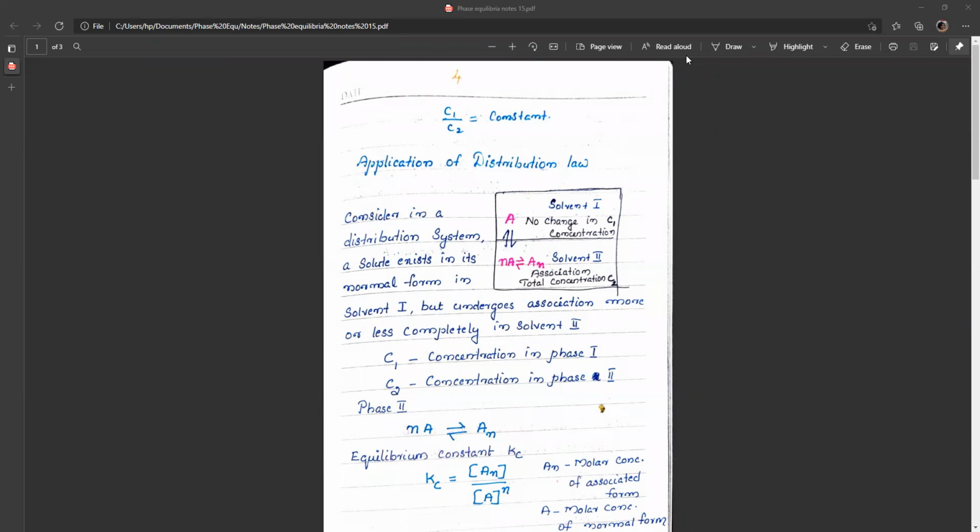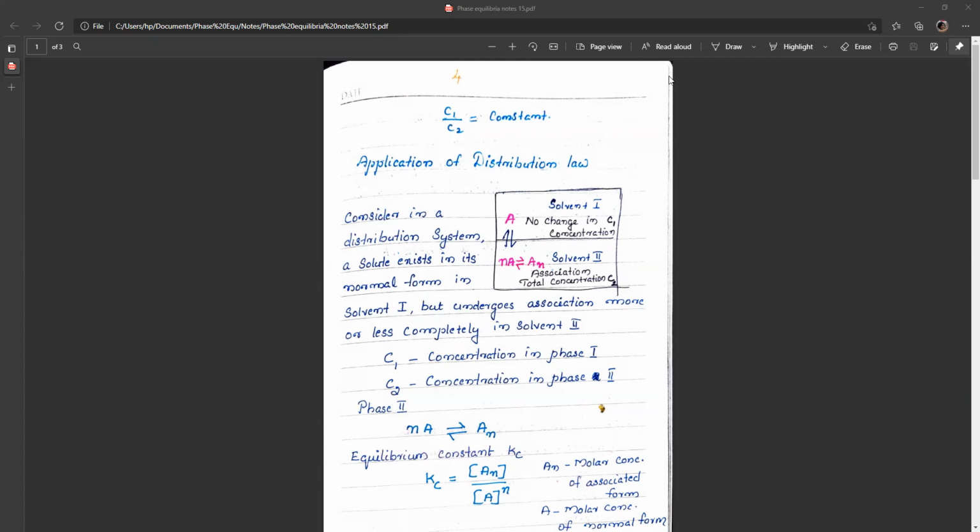According to this law, when we take two immiscible solvents and a solute which is soluble in those solvents, the distribution of the solute between these two immiscible solvents in contact with each other occurs in such a way that the ratio of concentration of similar molecular species in two layers at equilibrium is a constant at constant temperature, irrespective of the total amount of the solute and independent of any other molecular species present. This is the distribution law.